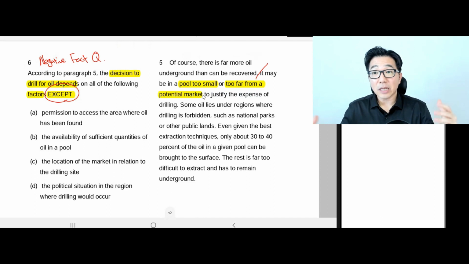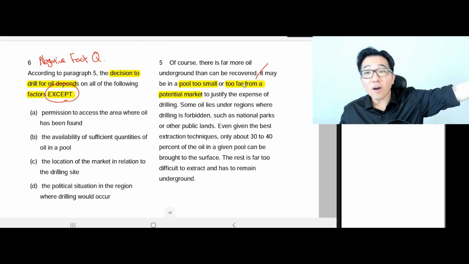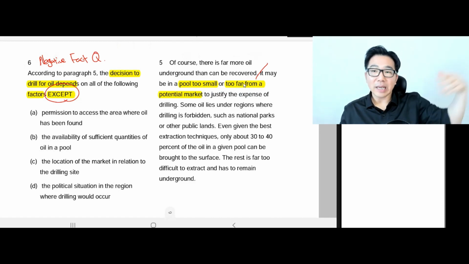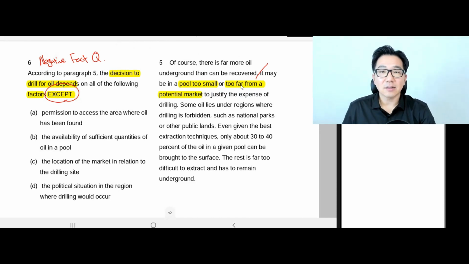So, transportation cost, or it doesn't say here, but if it's too far away where we can sell it, then that becomes a problem. Okay. To justify expense of drilling, right? So if it's too far away from the market or the quantity is too small, then we cannot justify how much cost we have to invest.